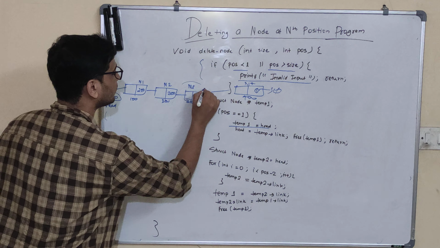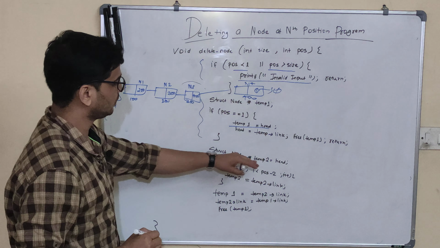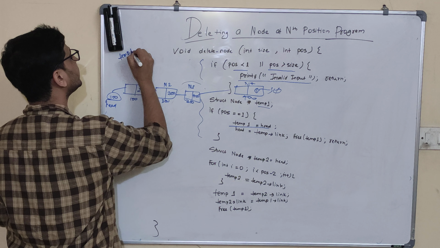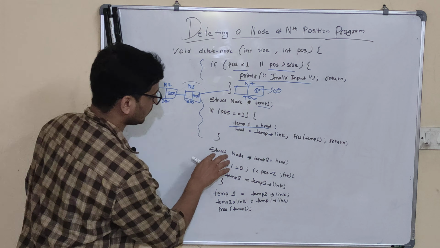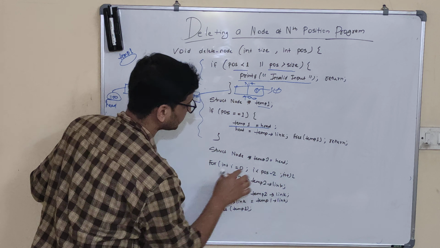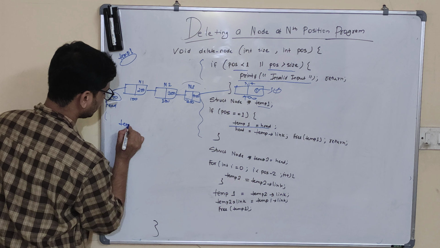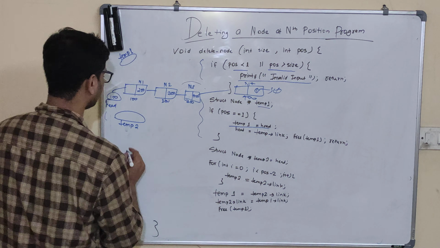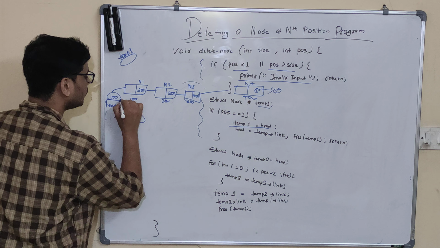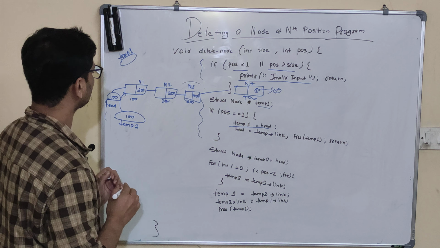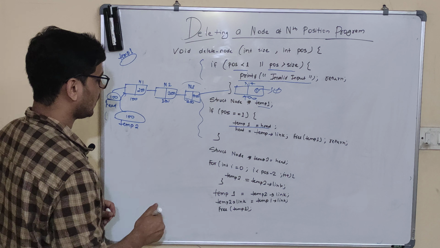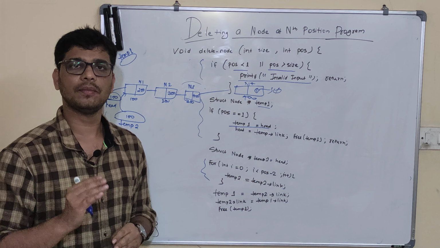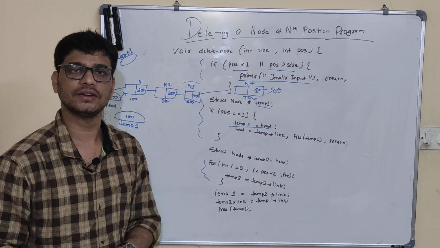Now let's suppose we want to delete this third node. How will it work? If you remember, we have already created a temp1 pointer. Right now we are creating a temp2 pointer in this line and copying the value of head in it, that is 100, which means temp2 will also point to node 1. I am running a for loop, and here I am updating the temp2 pointer in every iteration.